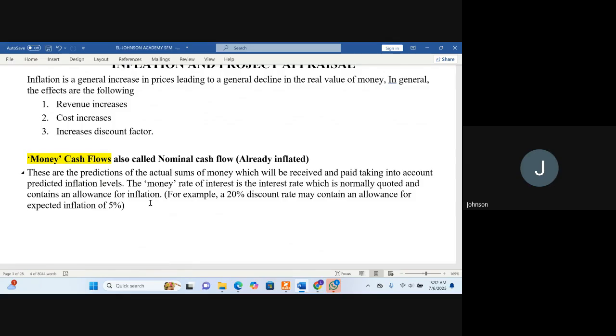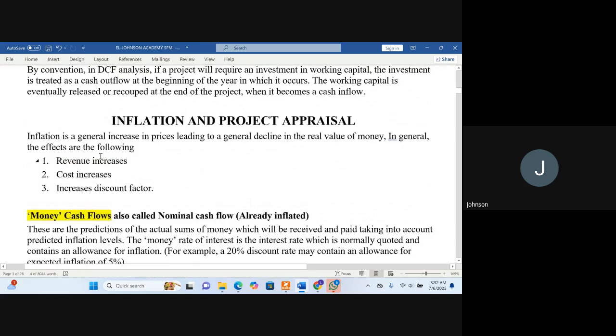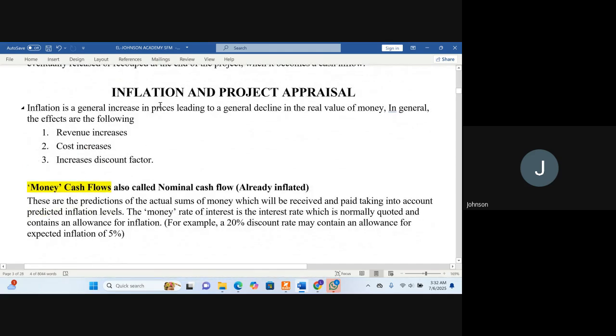Now let's see this inflation. It increases everything. When there's inflation in the economy, it increases the prices of lending and also causes a decline in the value of money. So inflation is a general increase in prices, leading to a general decline in the real value of money. In general, the effects are as follows.